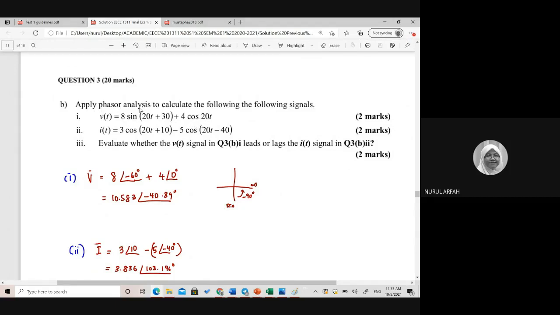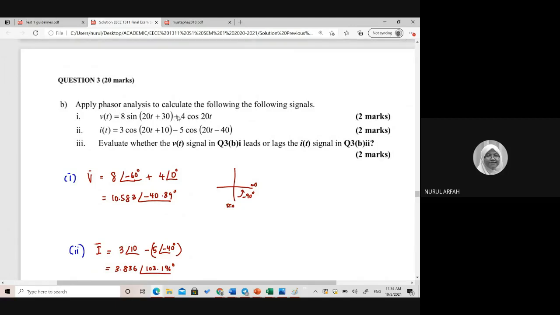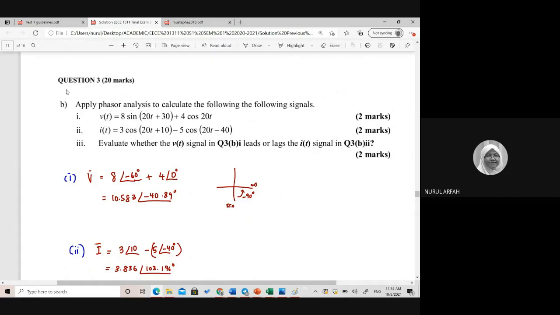you need to at least know how to answer the first part, the first question, because sometimes they will relate with the second question. In this one, part B, question 3, number 1 and number 2 are not related because they give you 2 signals, signal for voltage and signal for current.